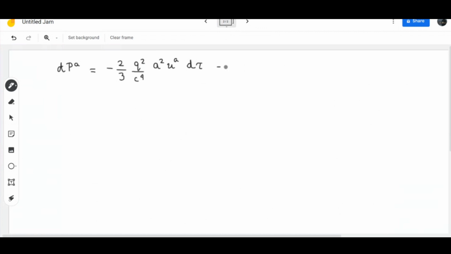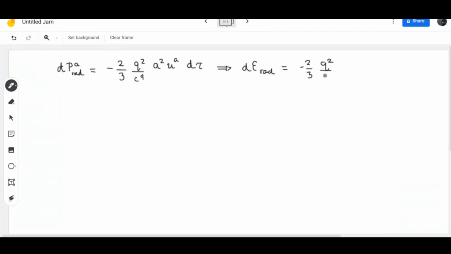So this immediately leads us to, so this is the radiant part, right? Rad. So this leads us to dE rad, the radiant energy, which is the zeroth component, and that is equal to minus 2 by 3 q squared by c to the, it should be c cubed, right?